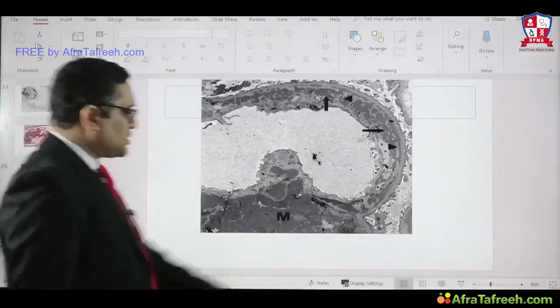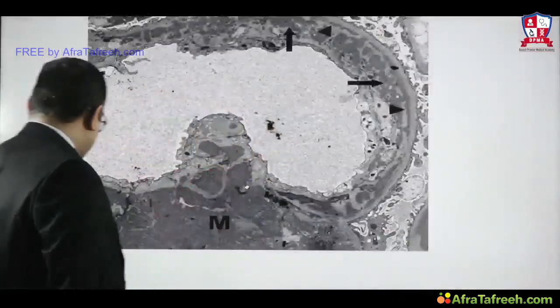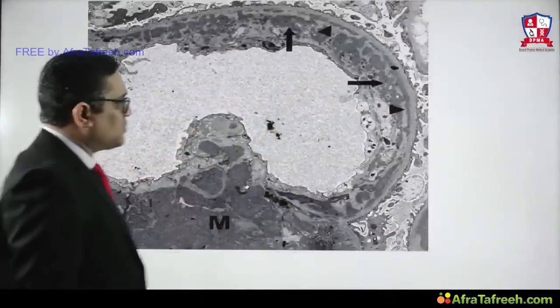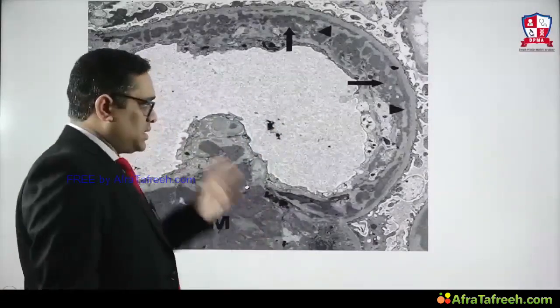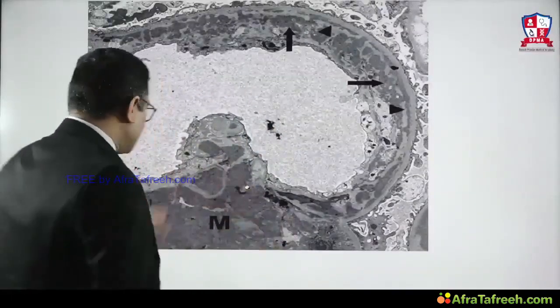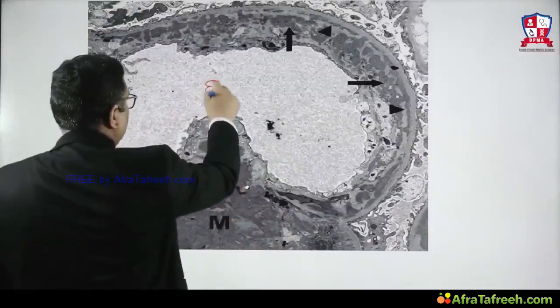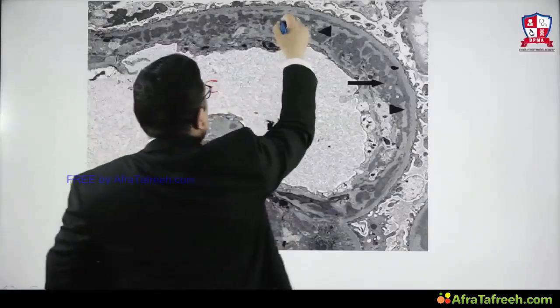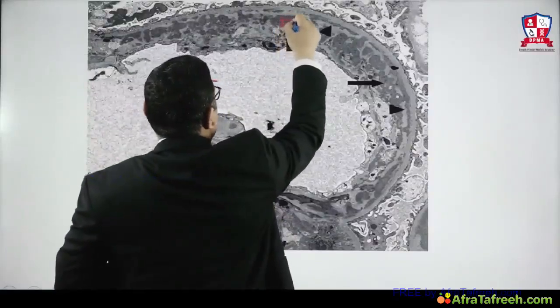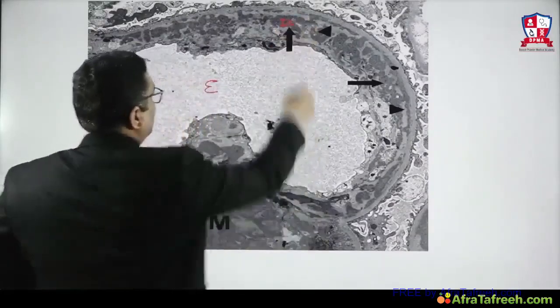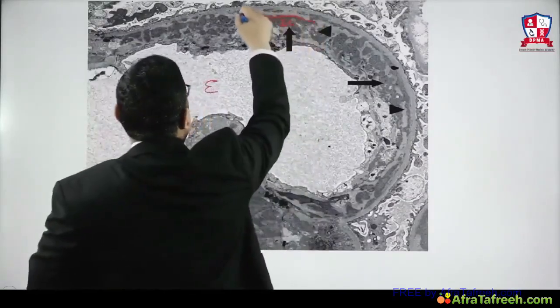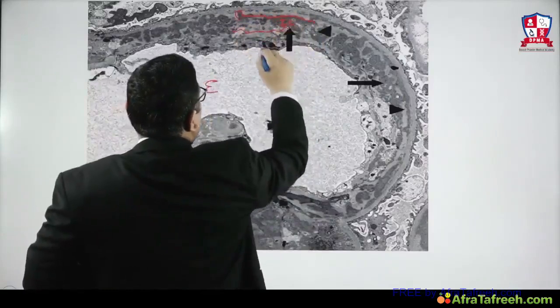Now look at this picture so that we can understand. Look at this electron microscopic view of the glomerular capillary. This is the endothelium, and below the endothelium you can see all these are immune complex deposits, the dark color. They are between the basement membrane.